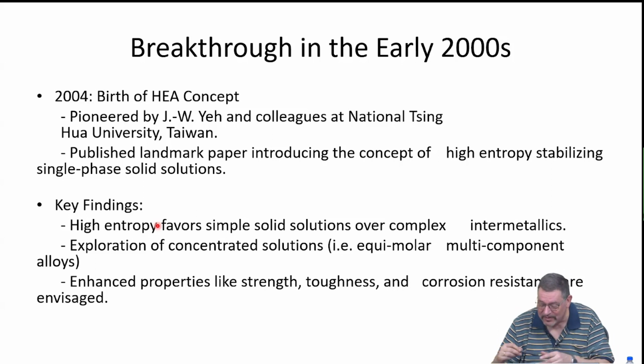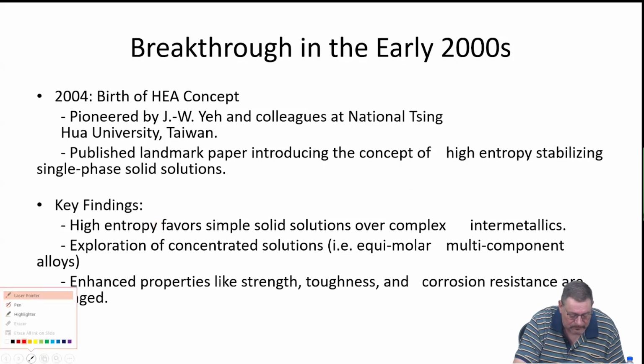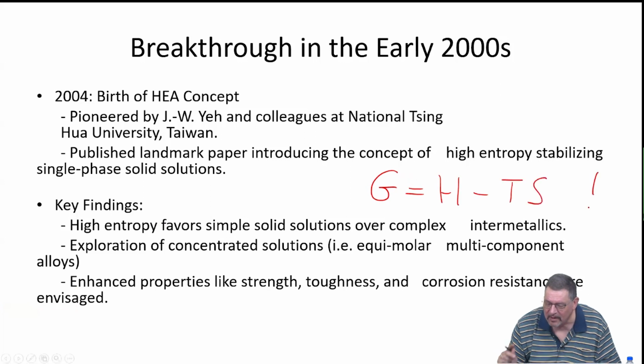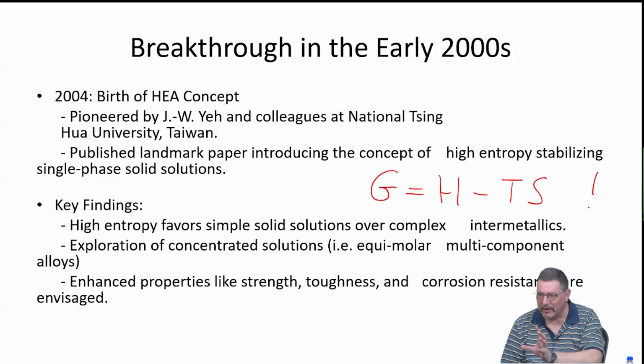Exactly, right? So because we have this term, and this rules, right? So if we want to have a low Gibbs free energy, then it is helpful to have a high entropy term, and the configurational entropy is part of the entropy term.